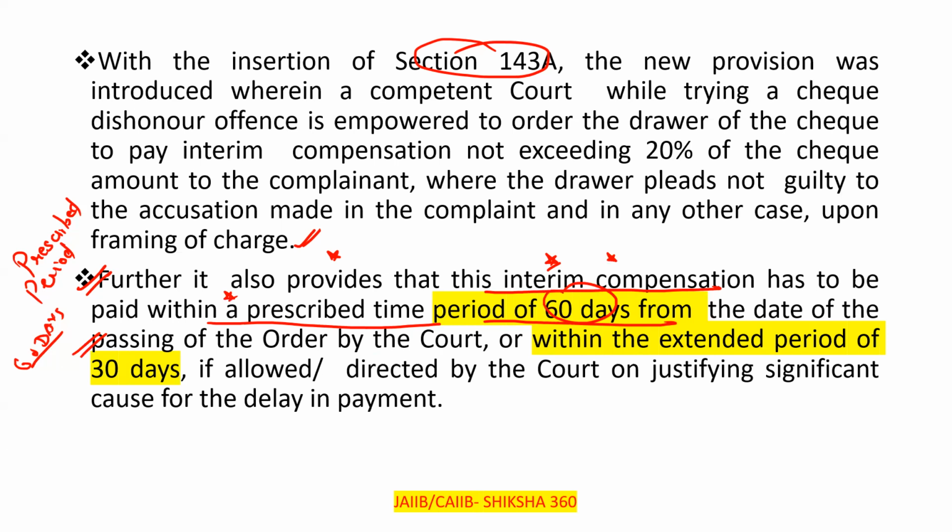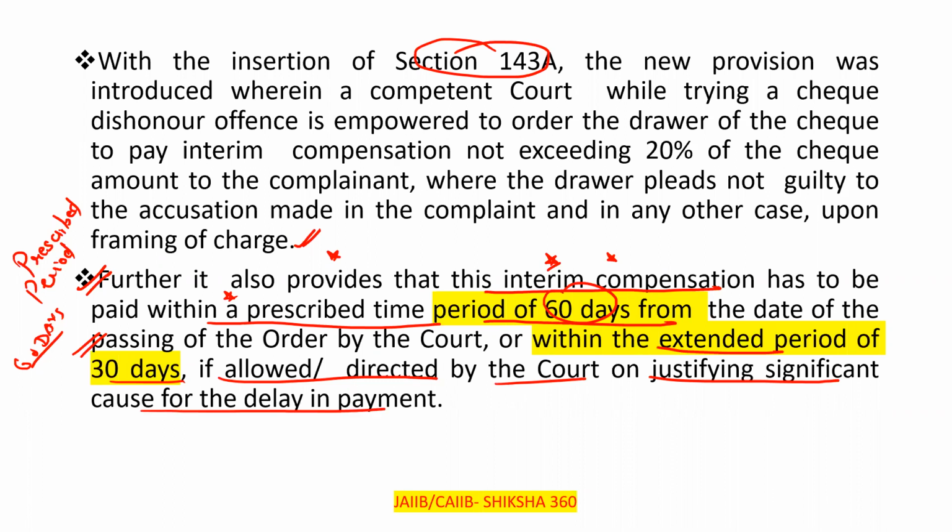From the date of the passing of the order by the court, or within the extended period of 30 days, if allowed or directed by the court, on justifying significant cause for the delay in payment.